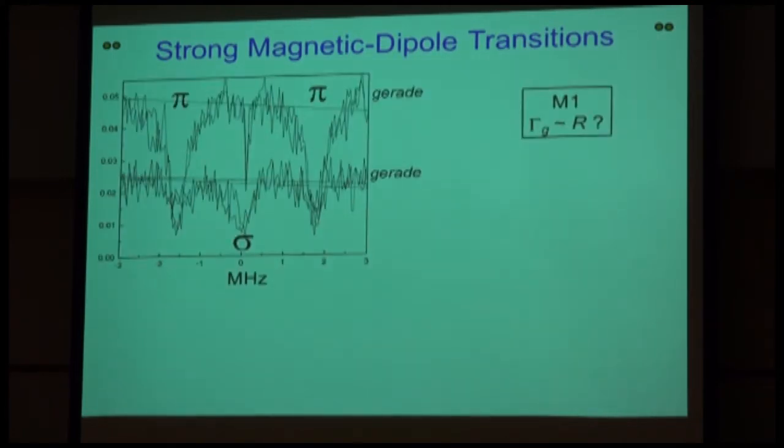And indeed, we can actually see magnetic dipole transitions to these gerade levels. So you can see just not the best, but somewhat useful to look at trace.